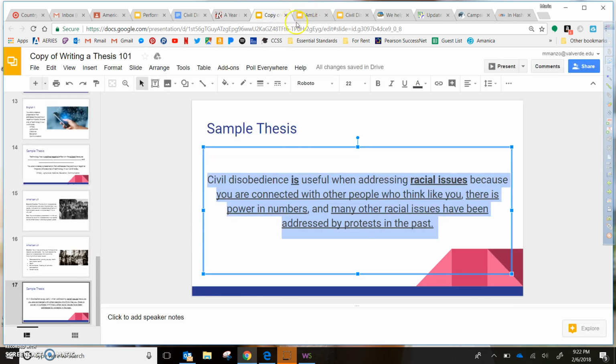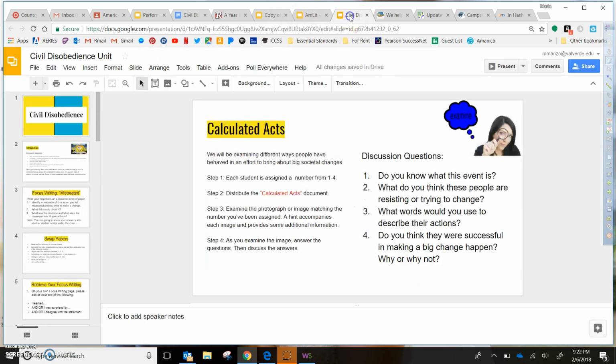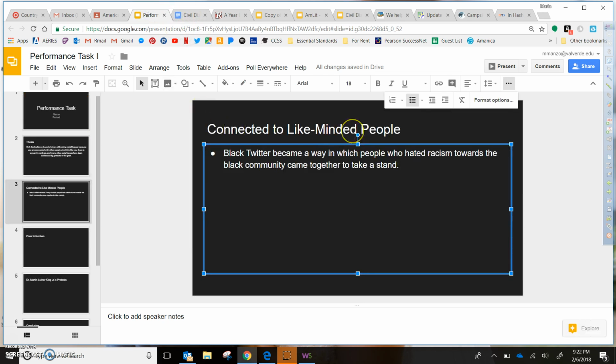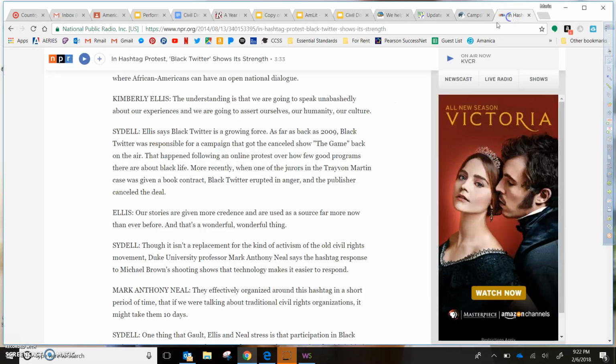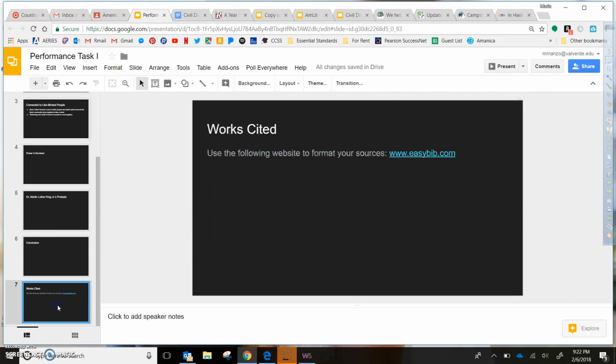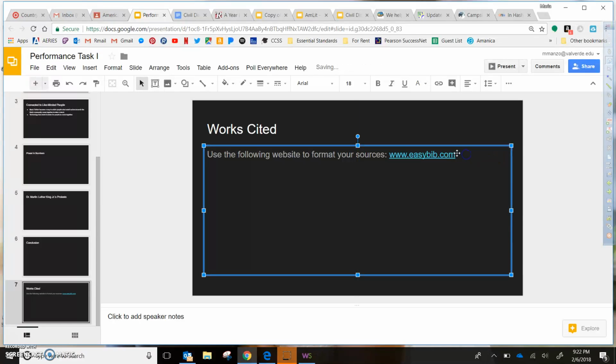So I can talk about that: technology has made it easier for people to come together. And then I would take this website and save it down here so that on Thursday when I show you guys how to format your Works Cited page, you have all your websites ready to go.